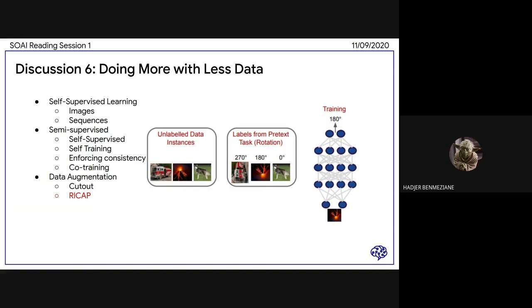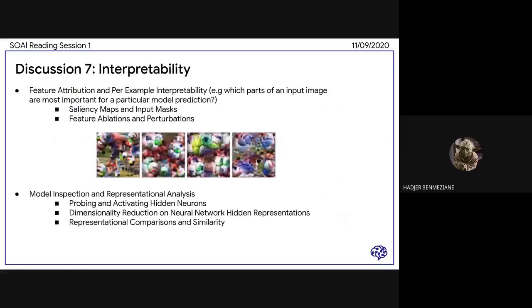Okay, I think we can go to the 7th discussion, which is interpretability. This one is a tricky concept. The problem with scientific discovery is that we don't want to predict only. We want to understand the phenomenon.